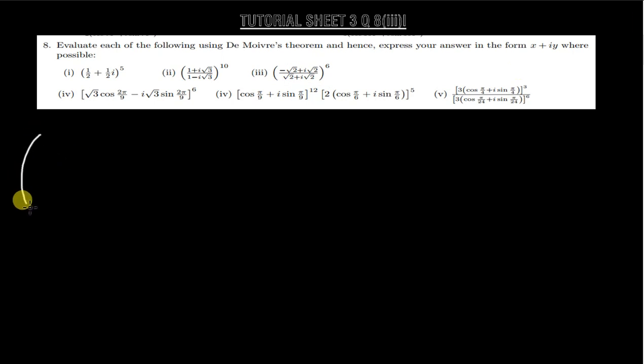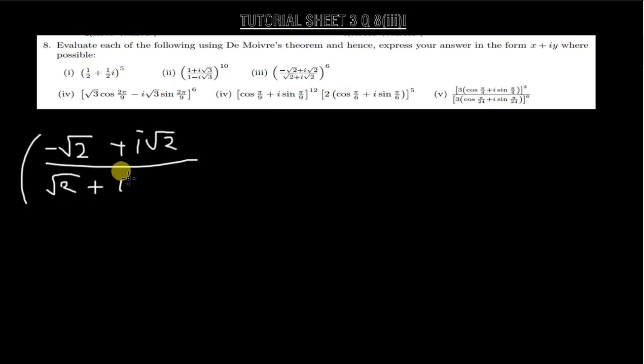So you're going to have something like this: negative root 2 plus i root 2, over root 2 plus i root 2. So we multiply everything with the conjugate of the denominator. The conjugate of the denominator will be root 2 minus i root 2. We close the brackets like that.